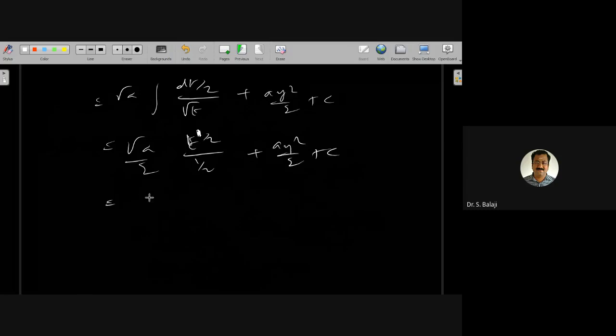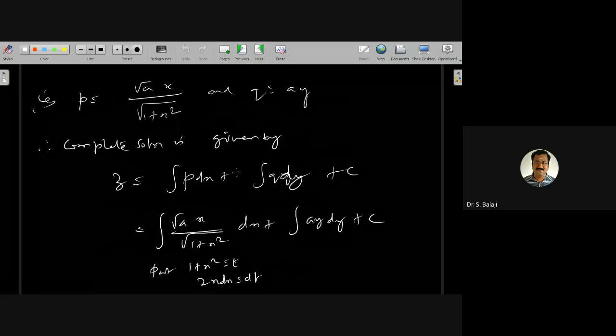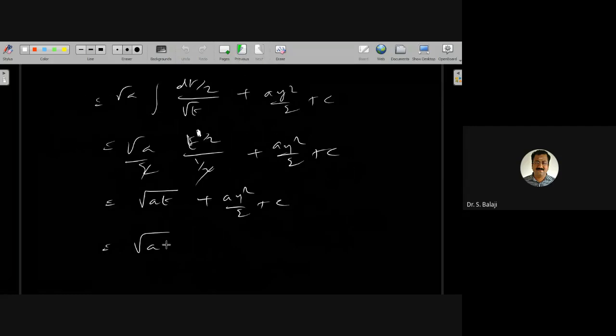The 2 gets cancelled with the 1 by 2 here. Therefore, this is root a times root t plus a y square by 2 plus c, where t is 1 plus x square. So root a times square root of 1 plus x square plus a y square by 2 plus c is the complete solution.